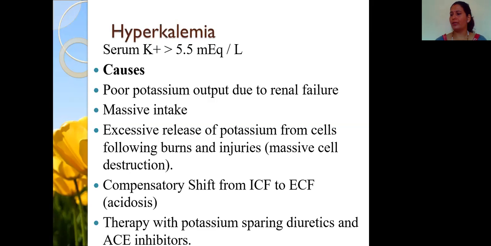For 24 to 72 hours after burns and injuries, the cells release potassium as a compensatory mechanism, which can lead to excessive hyperkalemia. A compensatory shift from intracellular fluid to extracellular fluid in acidosis, and therapy with potassium-sparing diuretics and ACE inhibitors, can also lead to hyperkalemia.